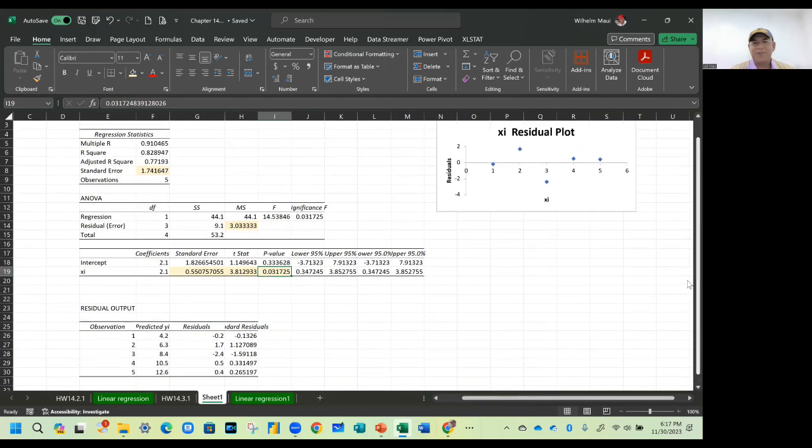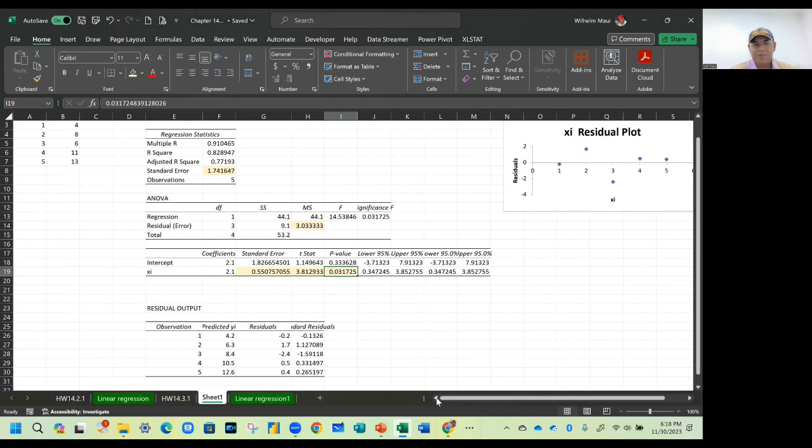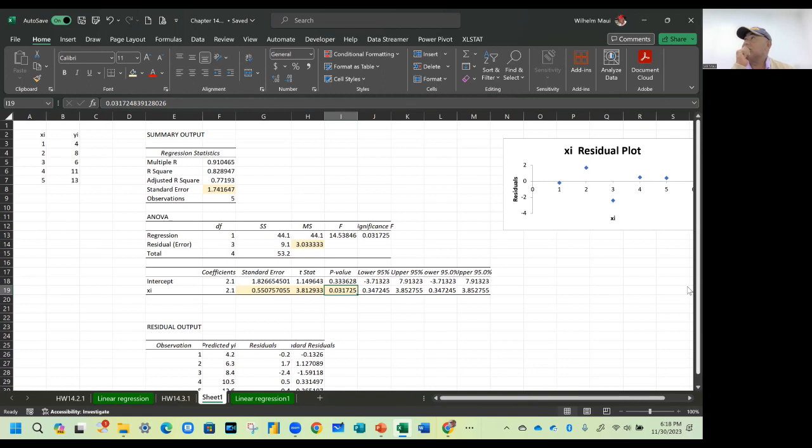If you go to, let me make sure I don't confuse you too much, right? Because this thing gets in the way. Your data set is here, no? And I want to compute the regression, including the ANOVA, no?